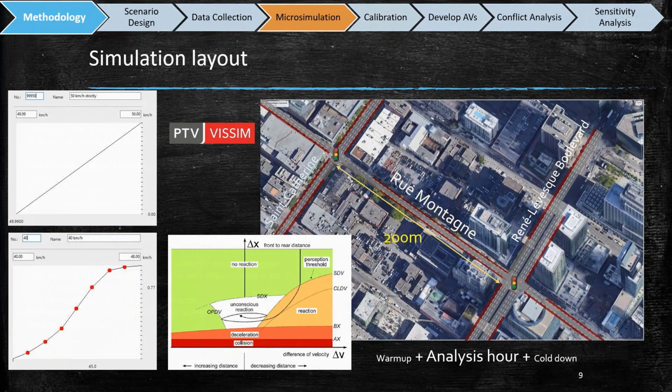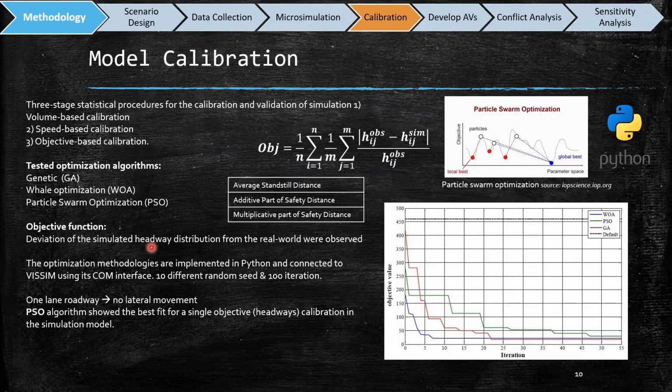So the next step is to calibrate the model with the actual data. Calibration is the process in which input parameters are defined, so we require to calibrate the model in a realistic manner.